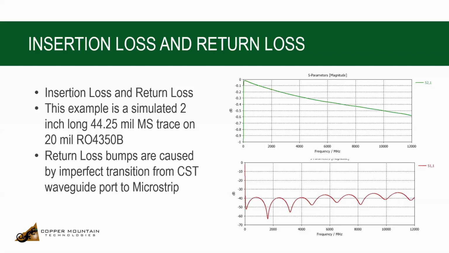You can actually look at this and measure the frequencies between the nulls or the high spots. And knowing the velocity factor of the signal on the board, how fast it's moving, you can actually calculate the length of the board. So this actually tells you some interesting things just by looking at it.